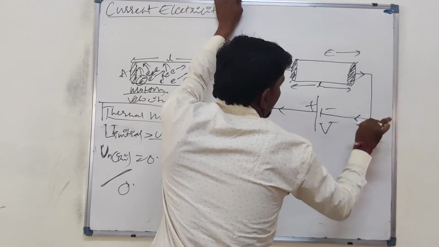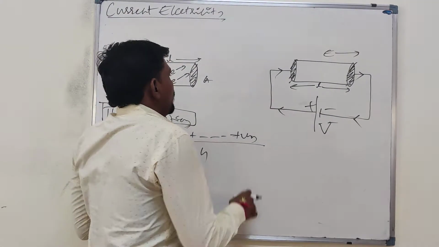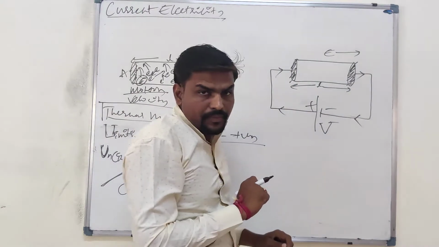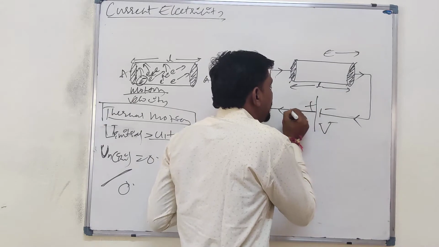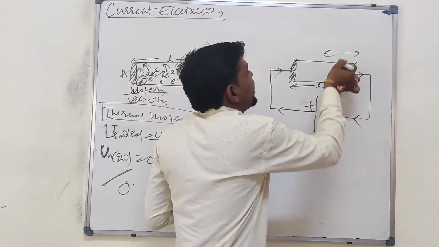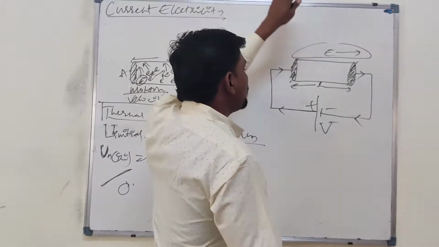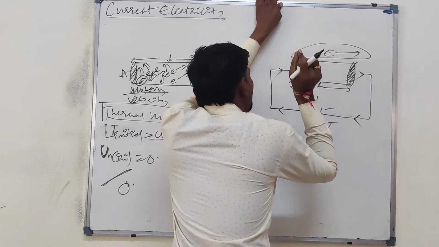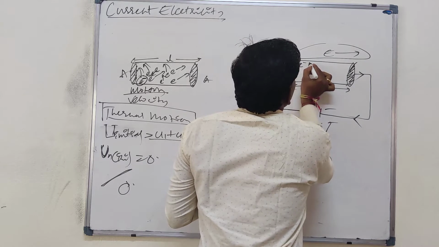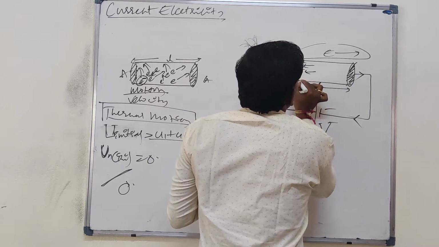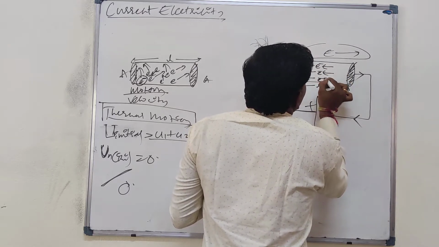The same free electrons are inside. When I apply a potential difference, an electric field arises in this direction. When the electric field is given to this conductor, all electrons align with the positive end of the conductor.